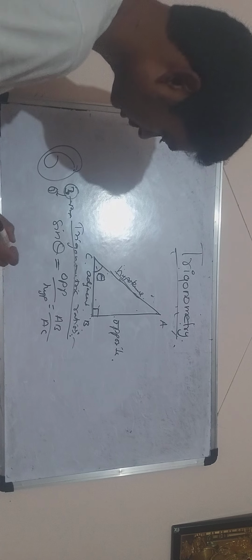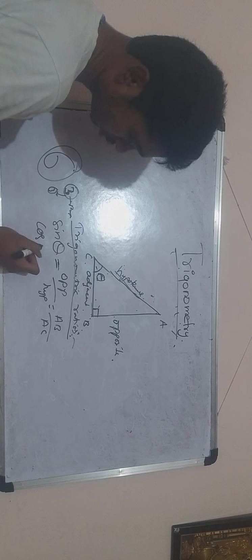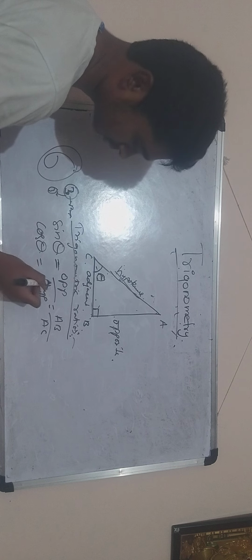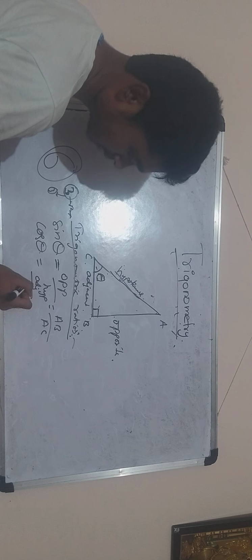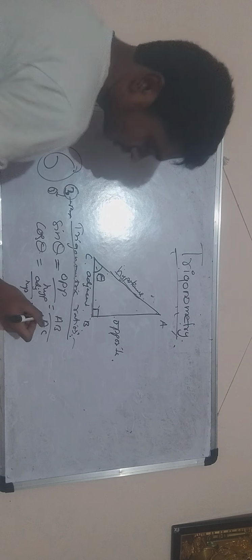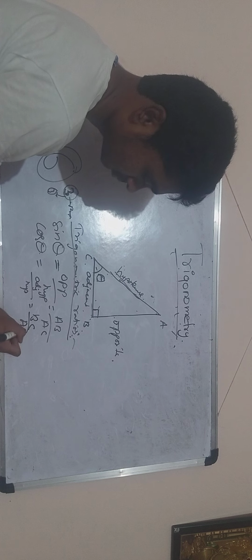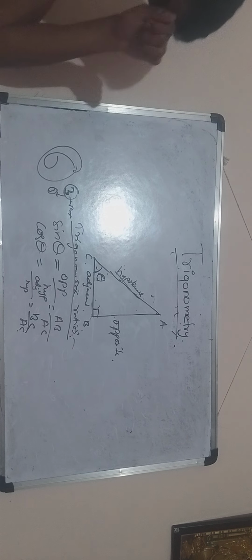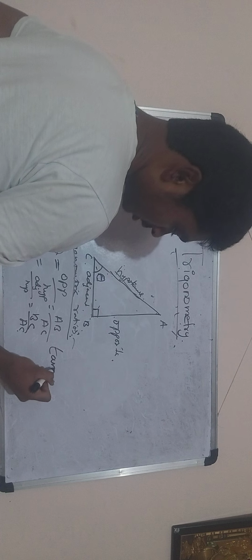The other trigonometric ratio is cosine, or cos theta. It is written as adjacent by hypotenuse, which is the ratio of BC to AC. The other ratio is tangent theta, or tan theta.